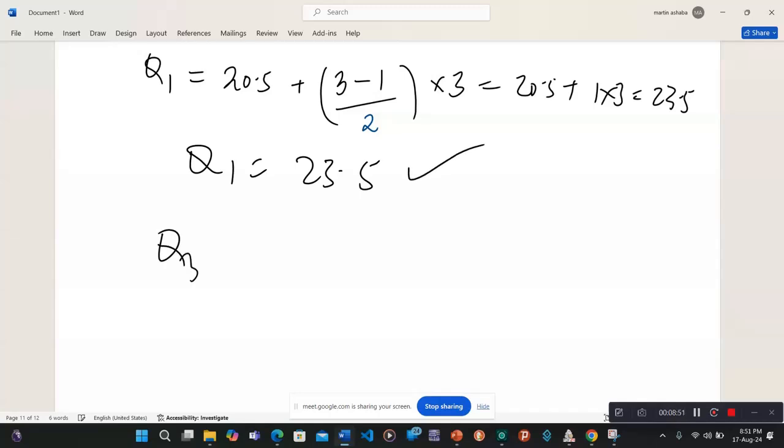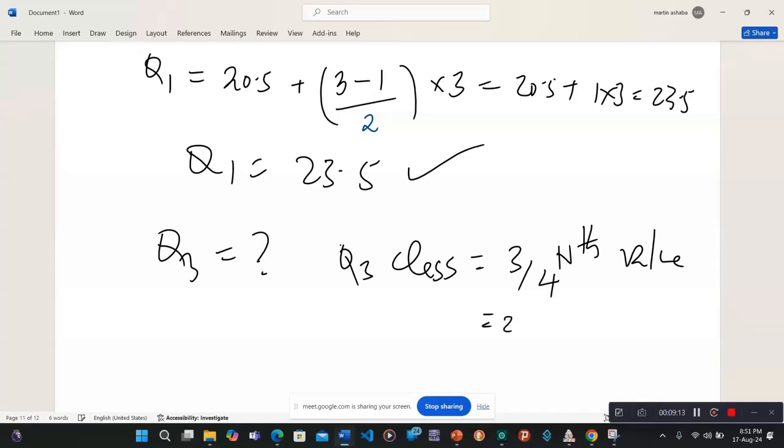Then Q3 obviously would lie somewhere also. So we need to get the class. The third quartile class, the Q3 class, would be the 3 out of 4 nth value.